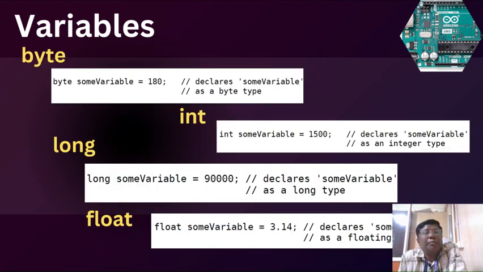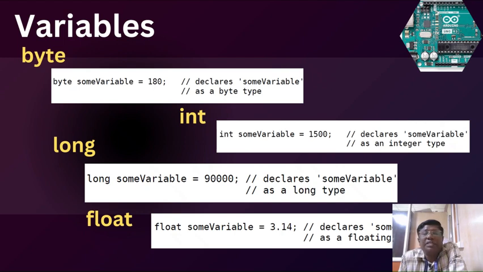And variable. So it has 4 different types of variable. One is called byte. Byte is nothing but a smaller type, an 8-bit character, and integer, where you can define the variable as an integer, or you can define the variable as a long type.